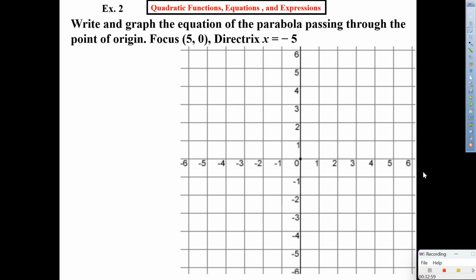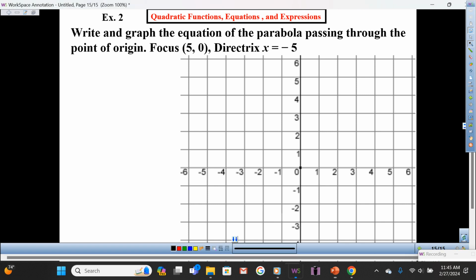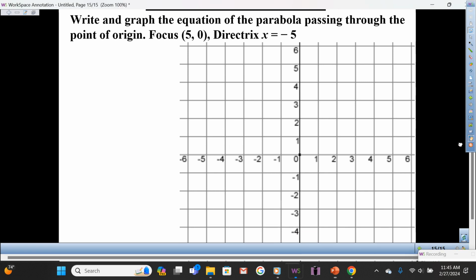Example 2. Focus 5, 0. Directrix x equals -5. Be careful with this one. Focus 5, 0. Directrix x equals -5. All right?